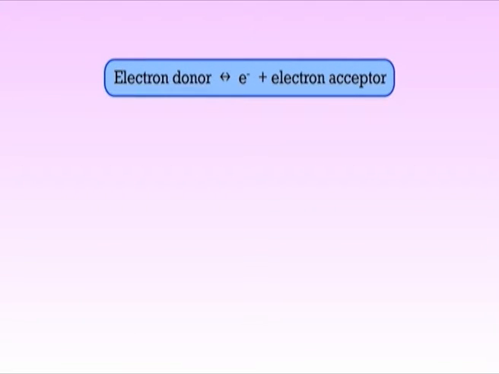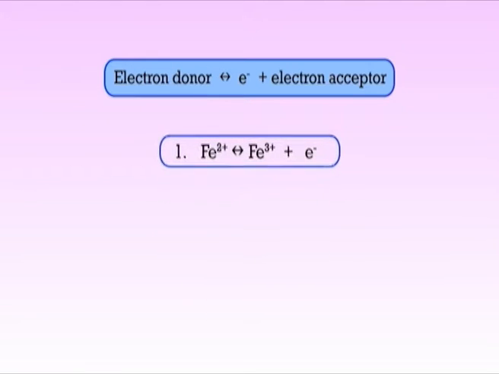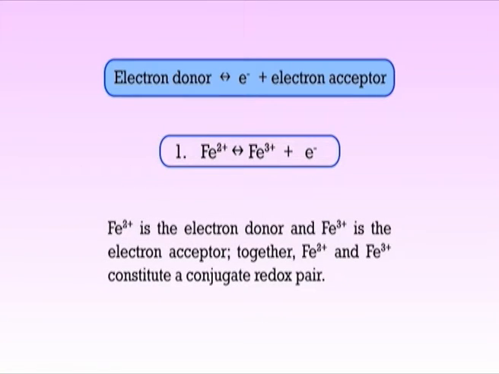In redox reactions, we can write a general equation: the electron donor gives one electron plus an electron acceptor. In the reversible half reaction number 1, which we just saw, the ferrous ion is the electron donor and the ferric ion is the electron acceptor. Together, the ferrous ion and the ferric ion constitute a conjugate redox pair.